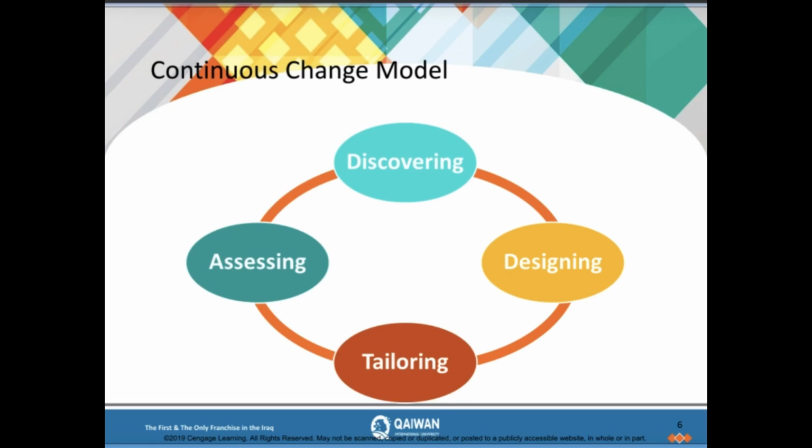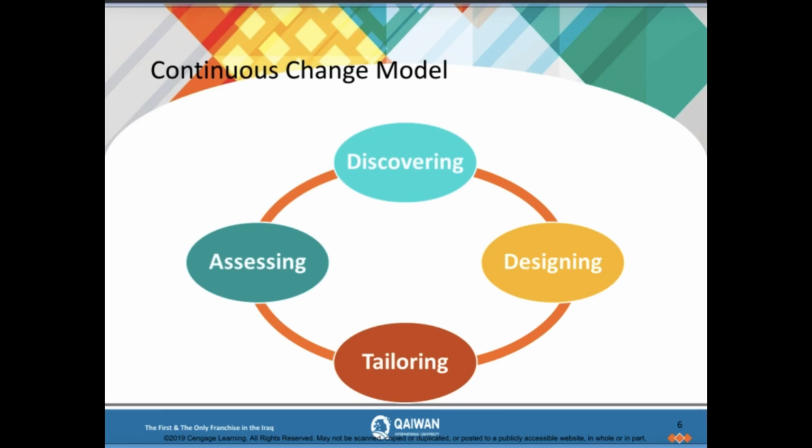This is where solutions are created and the organization develops new processes, new strategies or innovations based on what it learned before. And finally, we have tailoring. This means adjusting and refining the change to fit the organization's specific context because not every solution works the same everywhere. So it must be adapted.